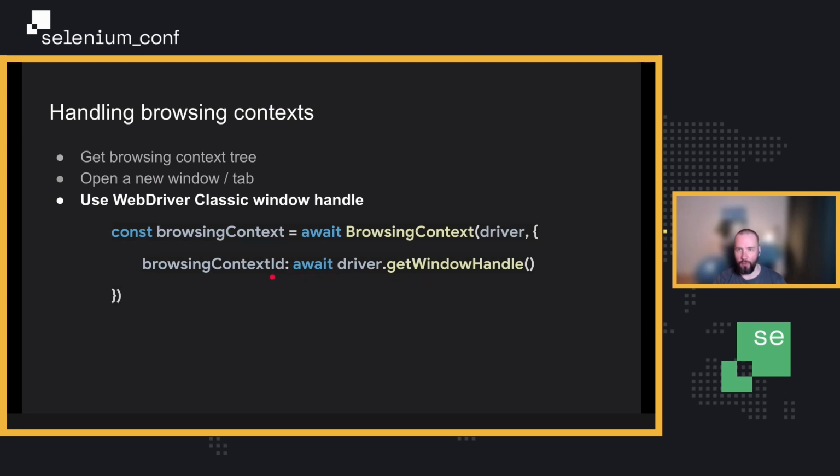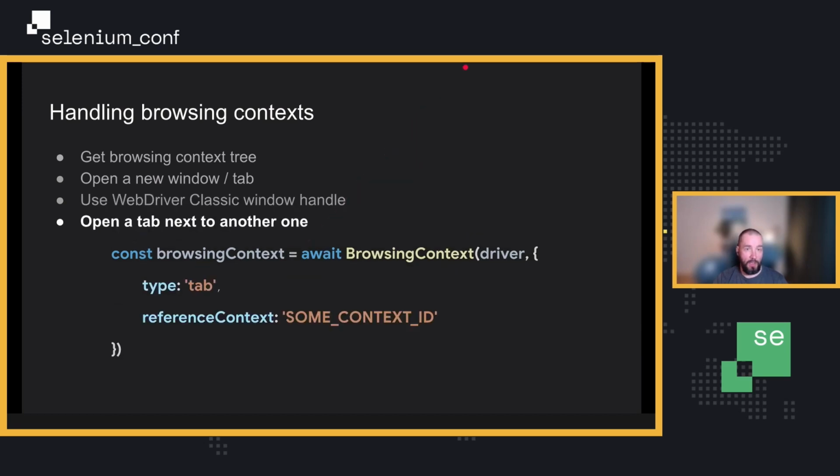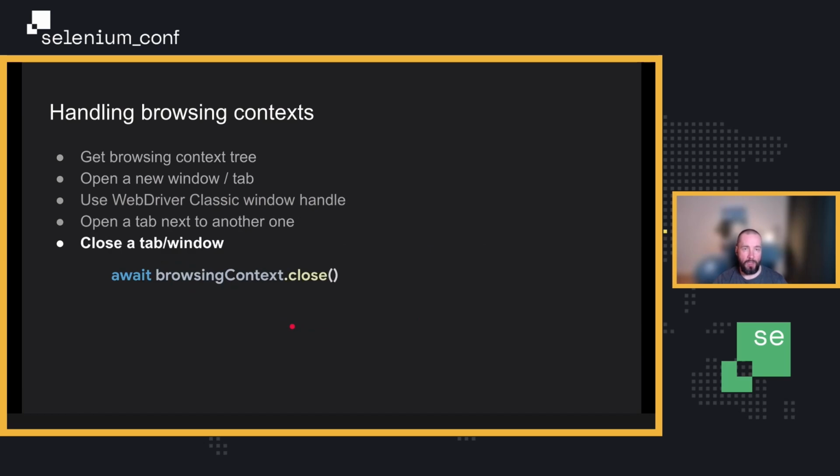So you don't have to worry about whether it's a BiDi ID or a classic ID, that kind of thing. You can open a new tab next to the existing one if you add that magical reference context. You can close the browsing context.